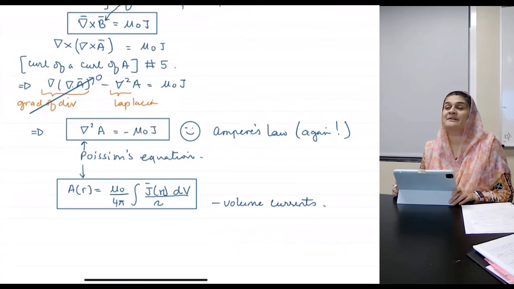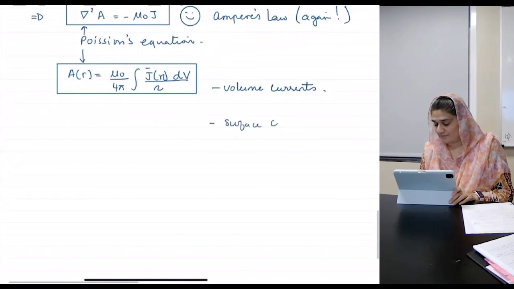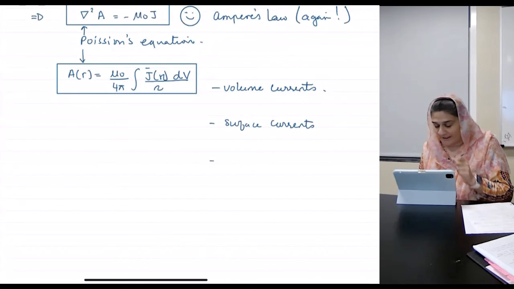Can you guess what it will be for surface currents? And also for line currents.